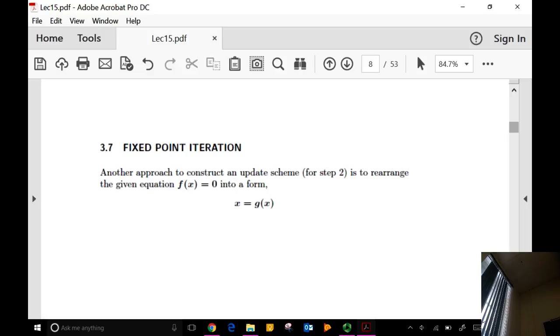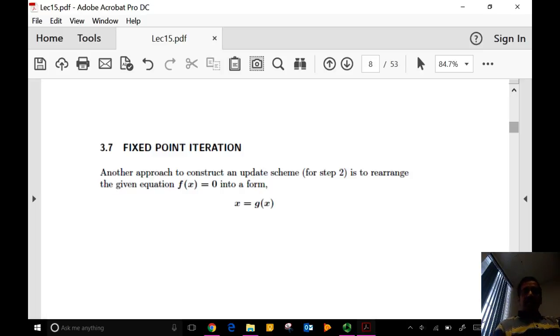The same idea applies whether it is a linear or nonlinear system. That's another beauty about these iterative methods. They handle nonlinearity in the same way as they handle linearity. Whereas Gaussian elimination cannot be applied for nonlinear systems, right? But these methods can be easily applied to both linear and nonlinear systems.